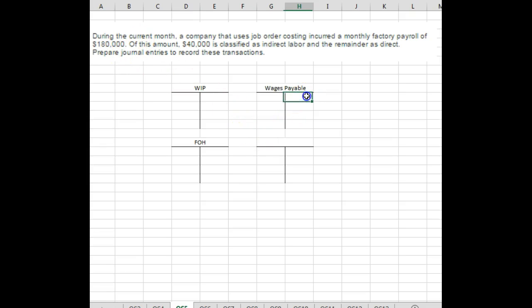Well, first of all, let's record this. We know that's a payable. And now I have factory overhead of $40,000 for indirect labor, and I have work in process for $140,000 for direct labor. So this is indirect and this is direct. Clear as mud? Okay, let's do another one.